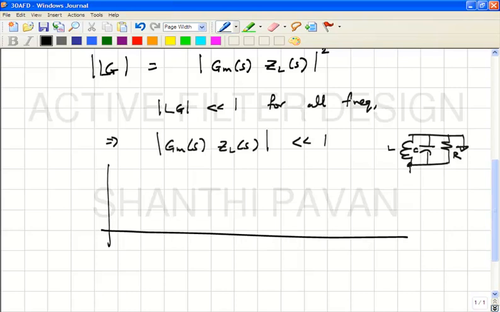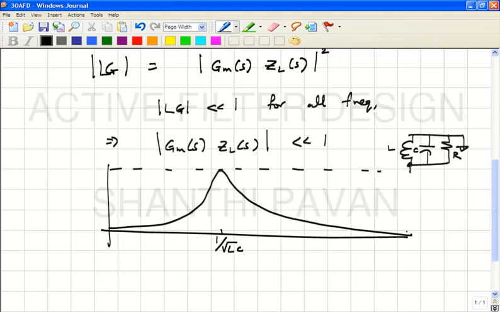So how does the impedance look like? It's a band pass response, all right. So at 1 by square root LC, the impedance is R. At DC it is 0, at infinity it is 0, so it probably does something like this. Okay.